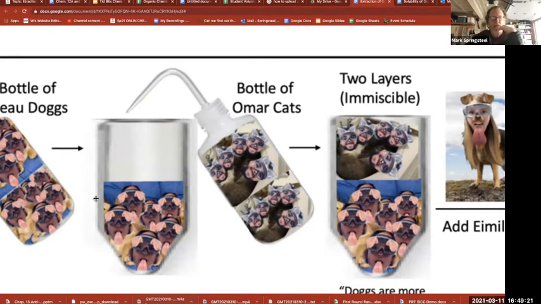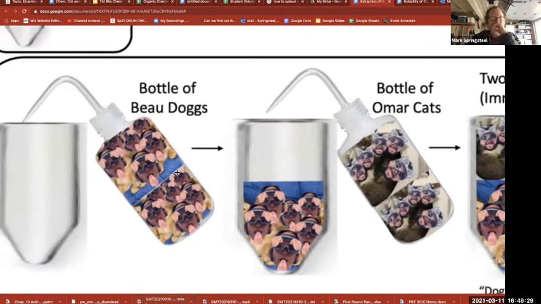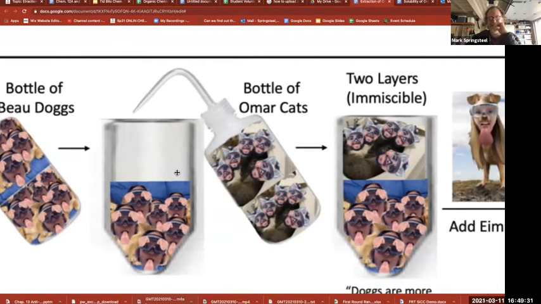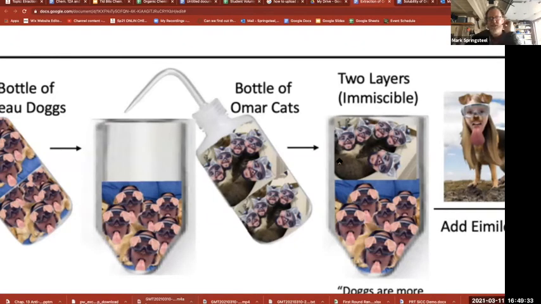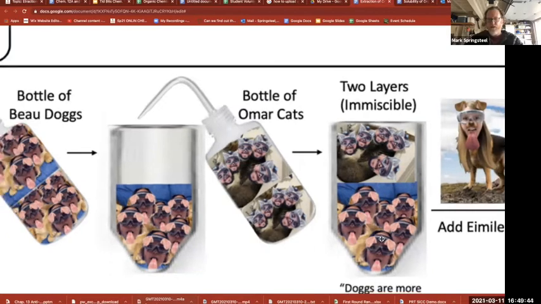Will they dissolve in each other? Will they be miscible? Remember, miscibility means that they'll dissolve in any amount. Do you think the dogs and cats will dissolve in each other? No, because they're different. If they were similar, they would, but if they're different, they won't. So they make two layers. They're immiscible. I've got the cat layer on top, the Omar cats, and the Bo dogs down below.